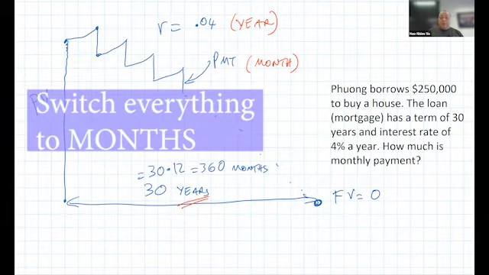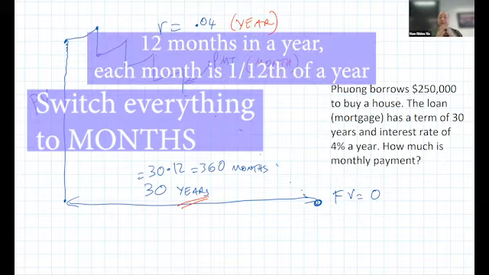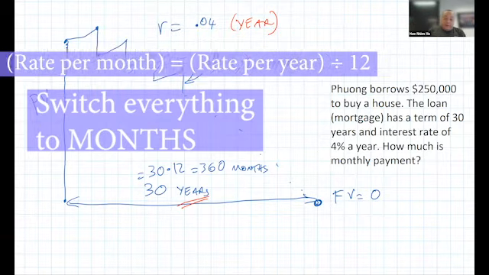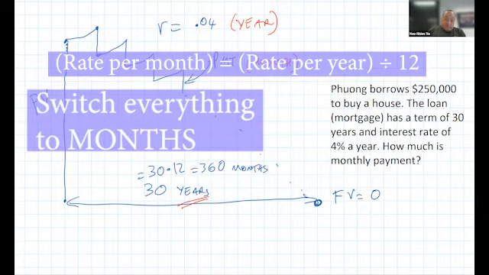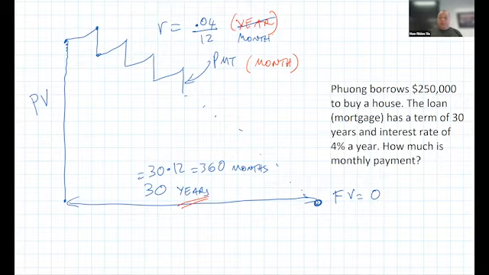What about the interest rate? It's 0.04 a year. There are 12 months in a year, so each month is 1/12 of that. So to get the interest rate per month, I just divide by 12. All right, now let me show you how this is done on a spreadsheet.